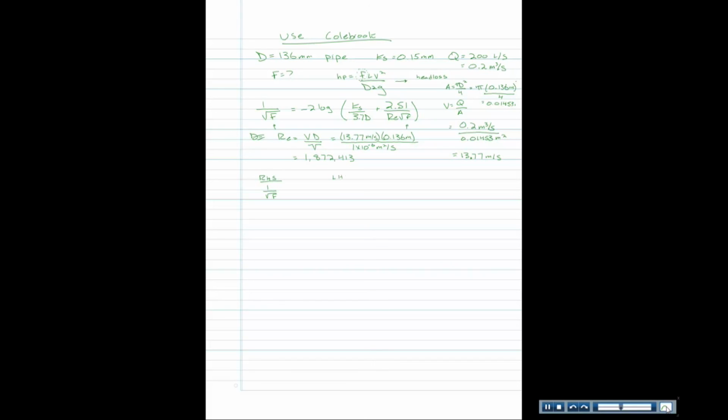The right-hand side of the equation is going to be negative 2 log of K sub S, 0.15 millimeters, divided by 3.7 times D in millimeters, so that we can be consistent with the K sub S units of length, plus 2.51 divided by the Reynolds number, 1.872 times 10 to the 6th, times the square root of f.